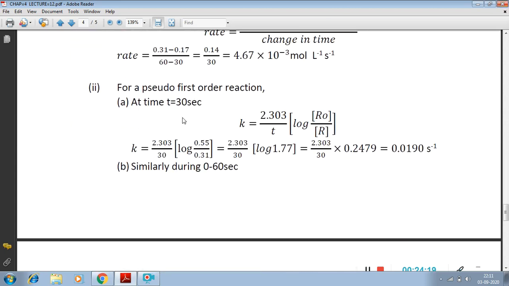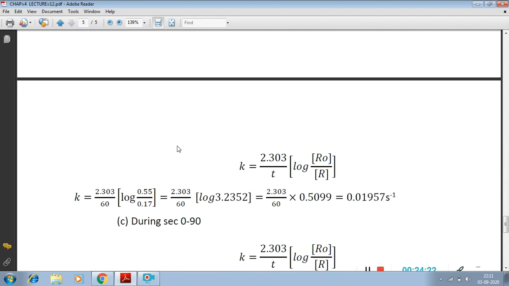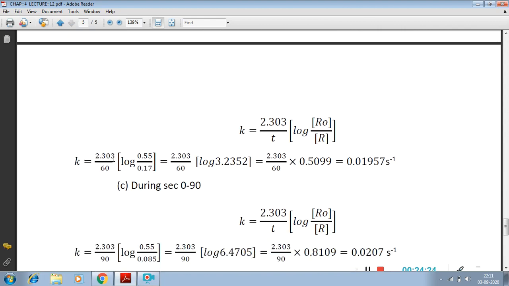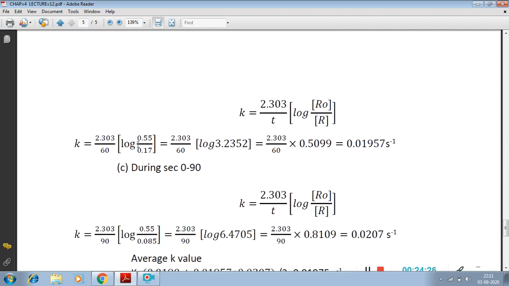So 2.303 divided by 60 into log 0.55 divided by 0.17. This division gives 3.2352. Now log 3.2352 is 0.5099, and if you solve this you will get 0.01957 second inverse.